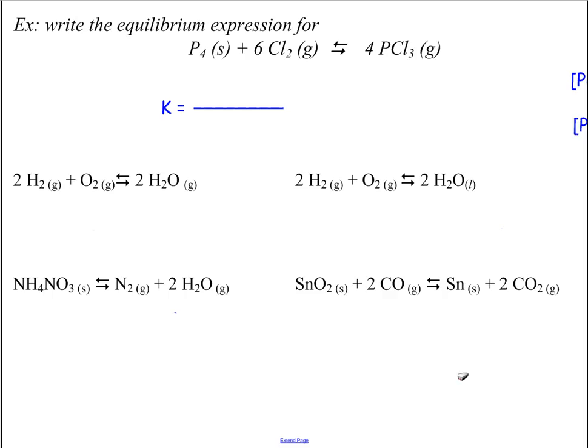So let's take a look at them. Here I have P4, it's a solid, plus chlorine gas makes 4 PCl3.